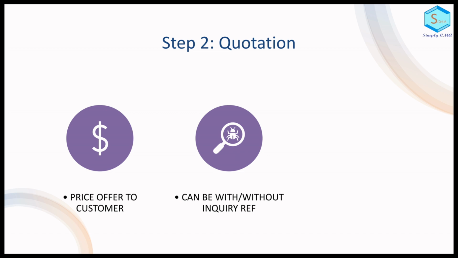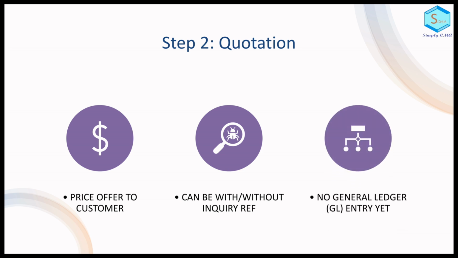But quotation is the second step, made only after inquiry. Still, like inquiry, this step doesn't affect the general ledger. Here also there is no accounting entry. It's a commercial step, not yet any financial commitment. This is the commercial and purchase department's task, to give quotations to the customers.